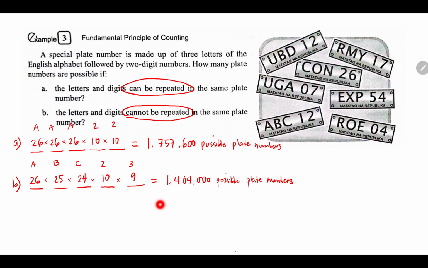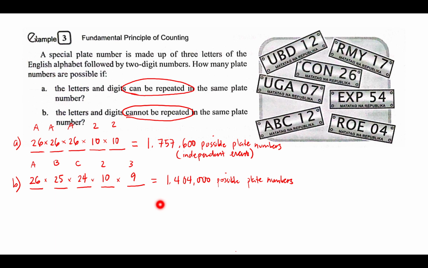Okay, so for letter A, we consider this as what? The independent event. Why independent events? Because the occurrence of the first letter or first digit does not affect the occurrence of the second or third letter or digit. So that's why we call it independent events.